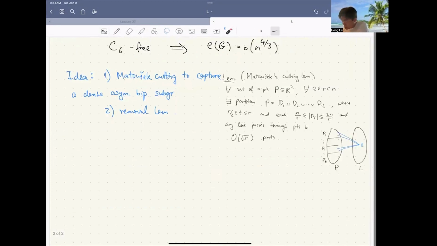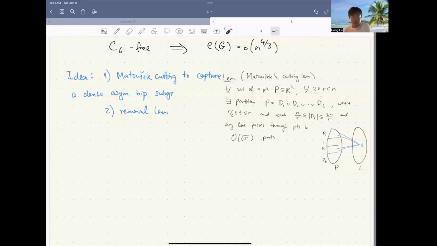It says that for every n points in the plane, and you choose some parameter r, which will be, roughly speaking, the number of parts we want to partition P, the set of points, into. So we can partition it into roughly r parts, where each part is roughly n over r size, up to a factor of 2. So the constant doesn't really matter.